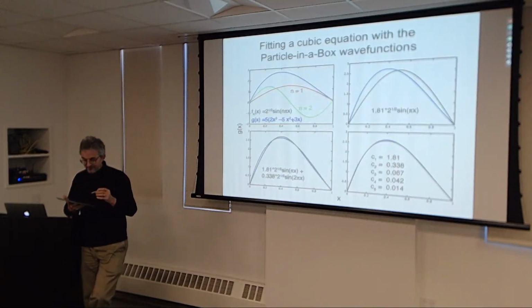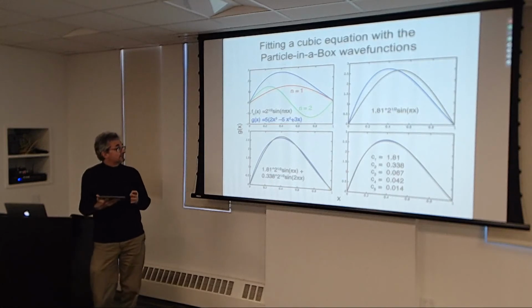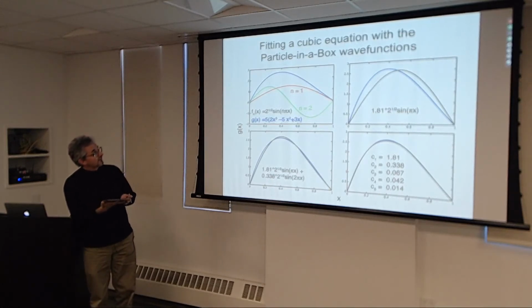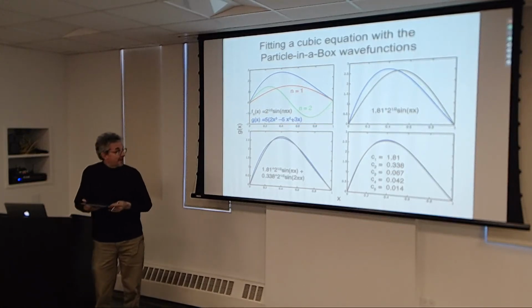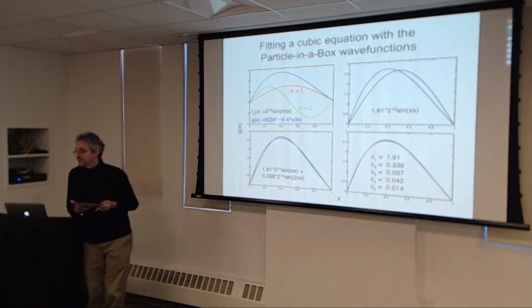So here's a picture, before we do more mathematics. What is shown in green is a cubic polynomial defined over the range x goes from 0 to 1.